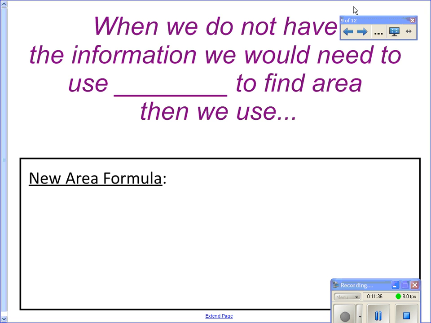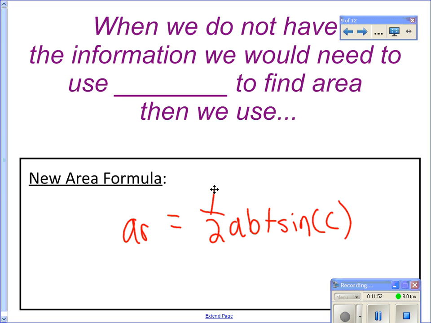But remember the formula. It's 1/2 AB plus the sine of C. That equals the area.